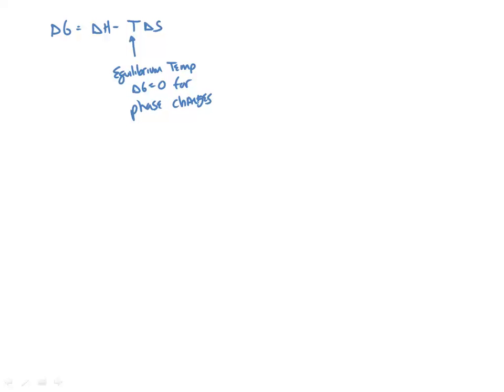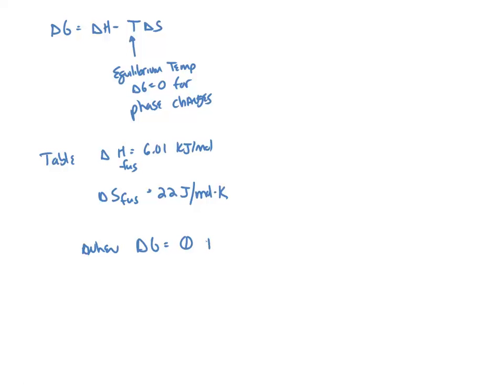So for instance, if we have a table where we know that delta H equals 6.01 kilojoules per mole for delta H of fusion, and I know that my delta S of fusion is equal to 22 joules per mole K, then I know that when delta G equals 0, that's the transition from solid to liquid.